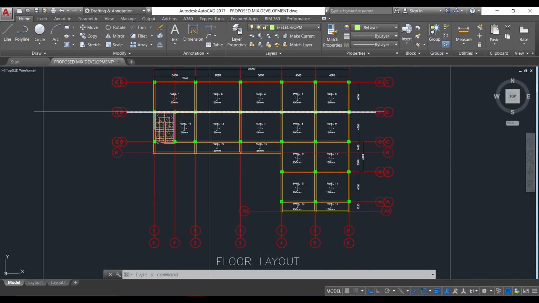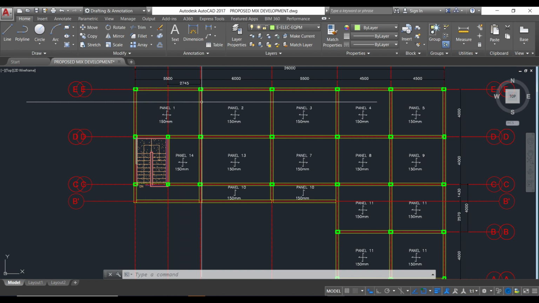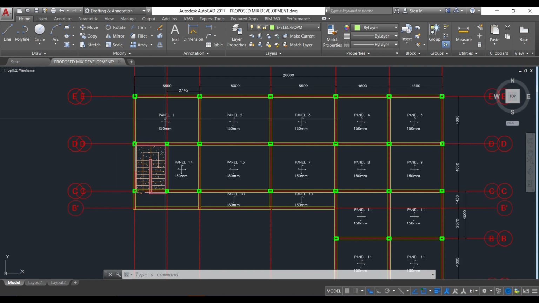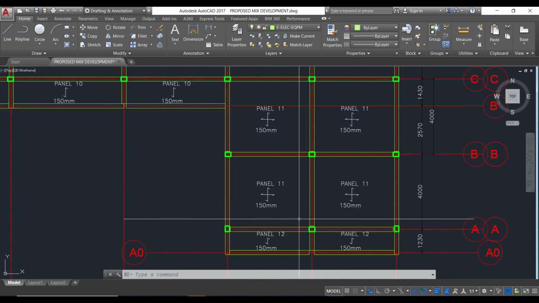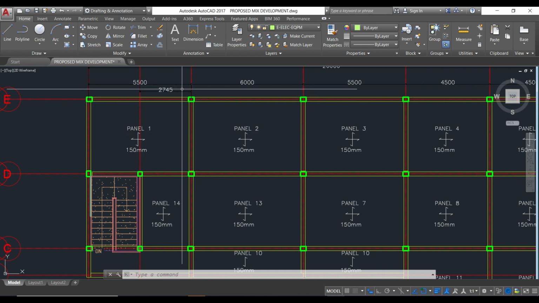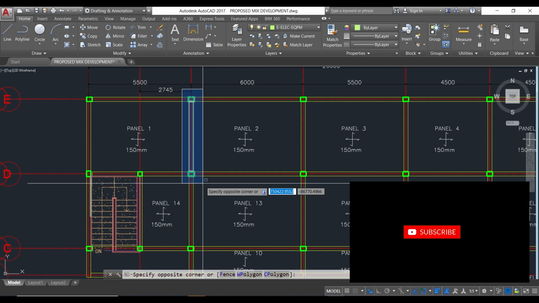Then another drawing here is showing the floor layout. You can see that the beams attached here are connected to slabs that are divided into panels ranging from panel 1 to panel 12. So all these kinds of beams are designed as flanged beams because they are connected to slab. This beam that I highlighted here will be designed as a T-beam because it has a slab on the left hand side as well as the right hand side of the beam.